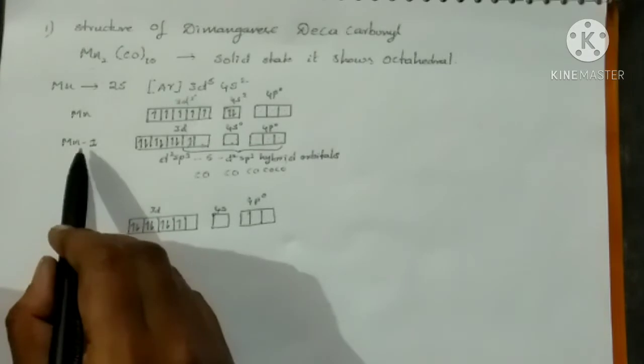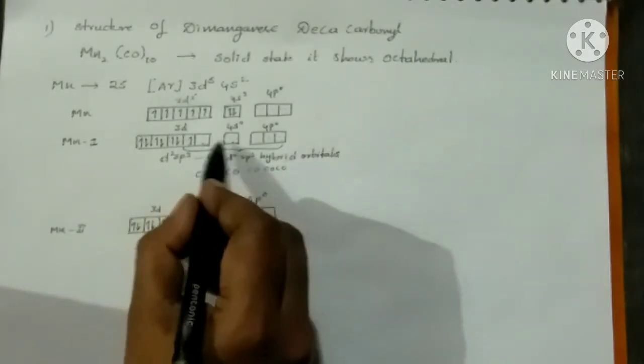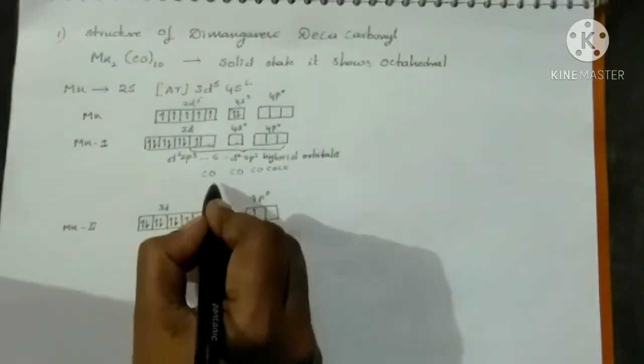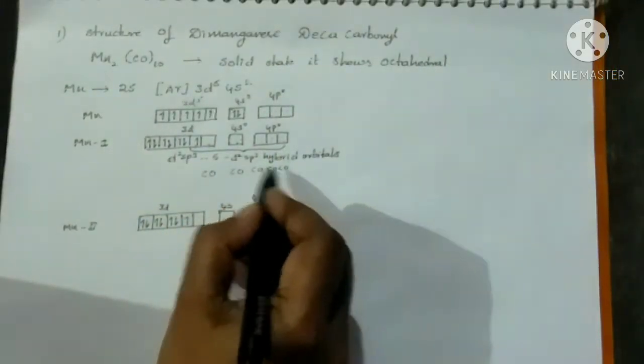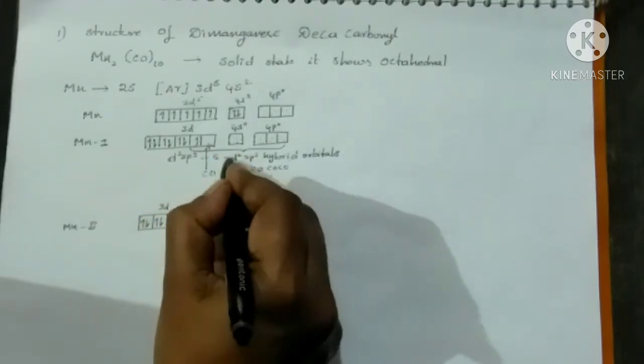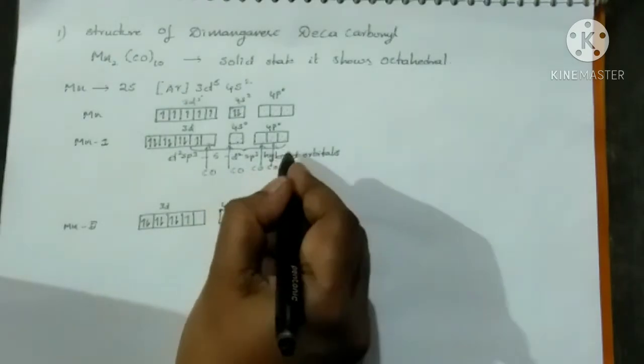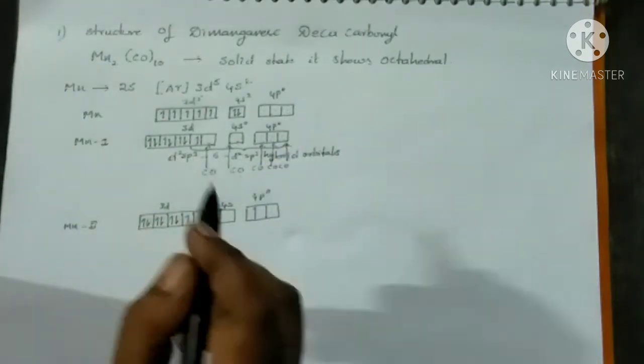Now we know that manganese is bonded with 5 carbonyl groups. Here we have 5 empty orbitals, so these 5 carbonyl groups donate electron pairs to these 5 empty orbitals and form dative bonds.